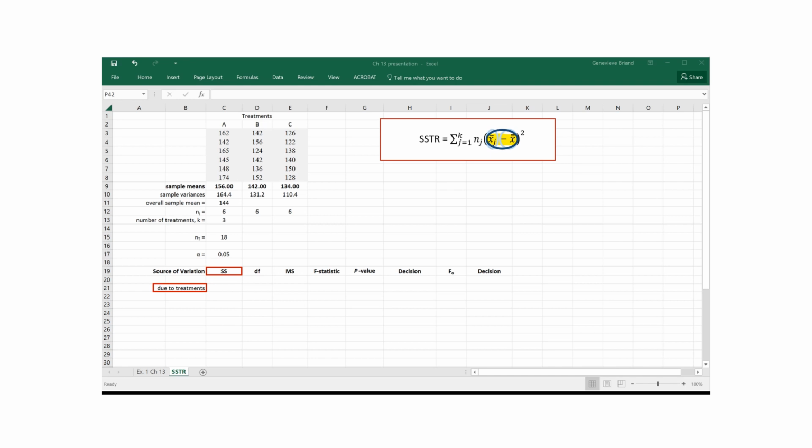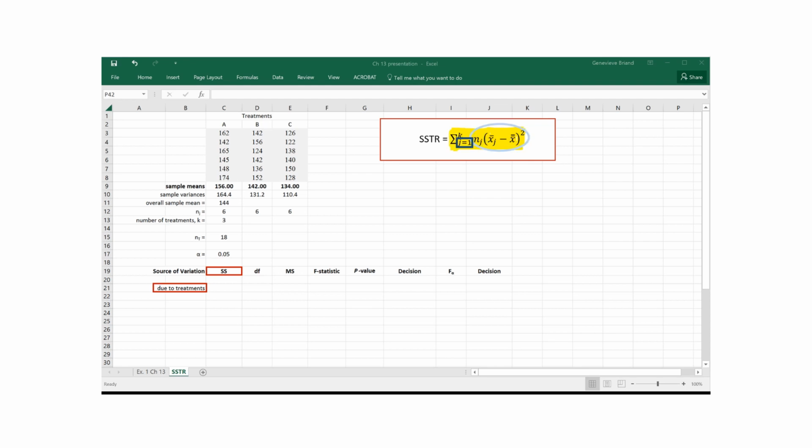So that's the deviation of the sample mean j from the overall sample mean, squared. Multiply it by nj, which is the size of the sample from treatment j, which means now we have a weighted squared deviation, weighted by the sample size.